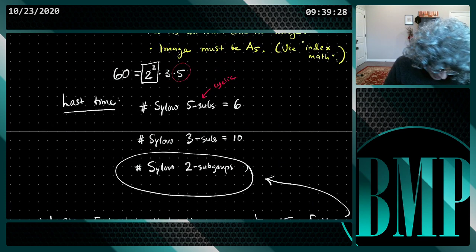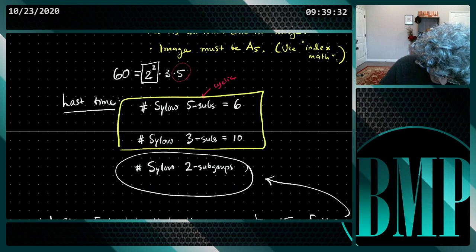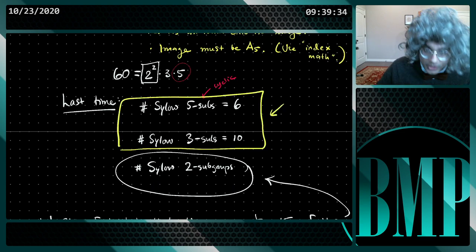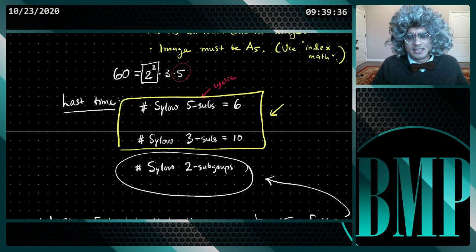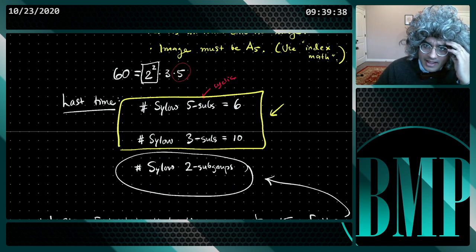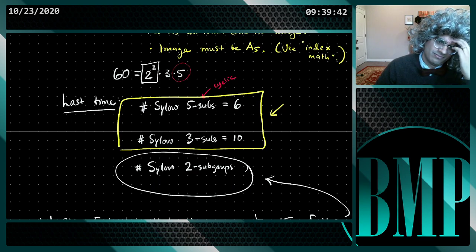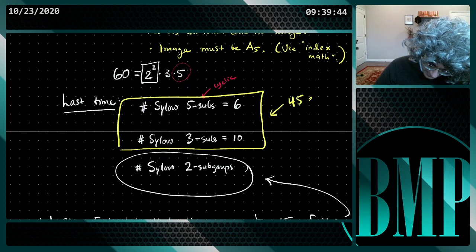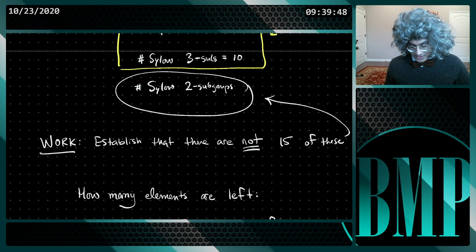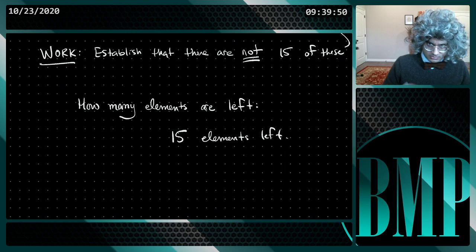By left, I mean unaccounted for. This comprises 45 elements in here. And so there's 15 left.